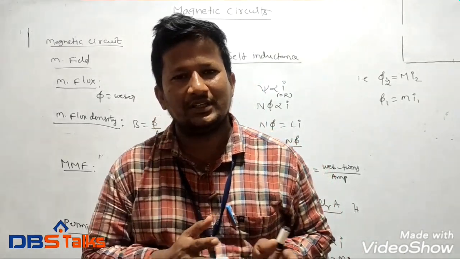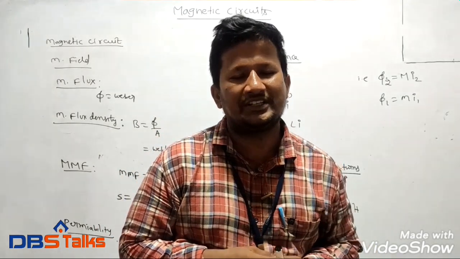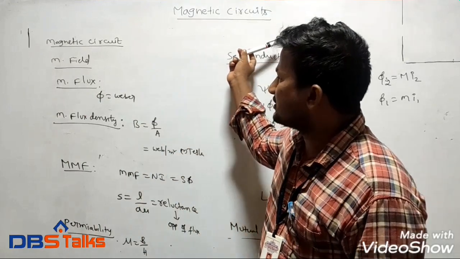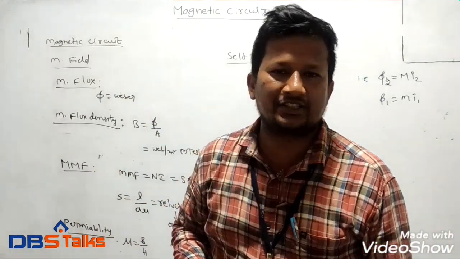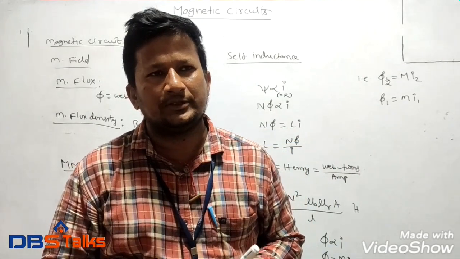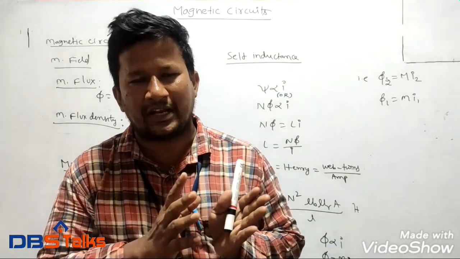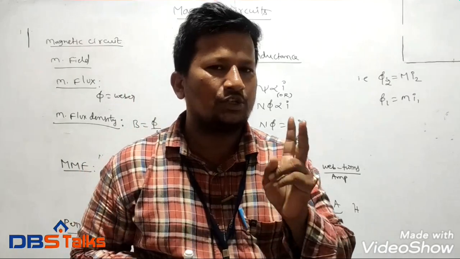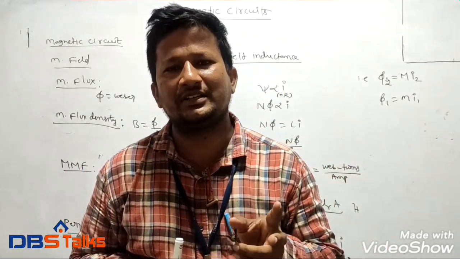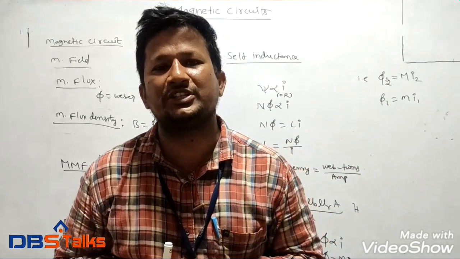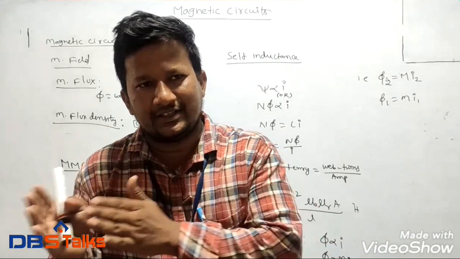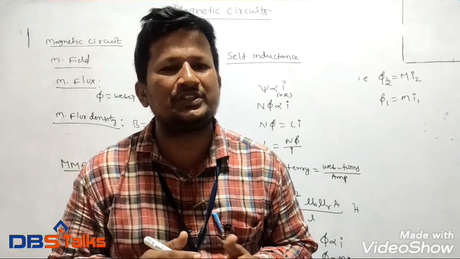Now we go for the second half of the 4th unit, that is magnetic field circuits. What is meant by a magnetic circuit? Generally, in these circuits the parameters vary. Two circuits are not physically connected to each other, but the parameters change with each other, such that another parameter is produced in the other circuit.